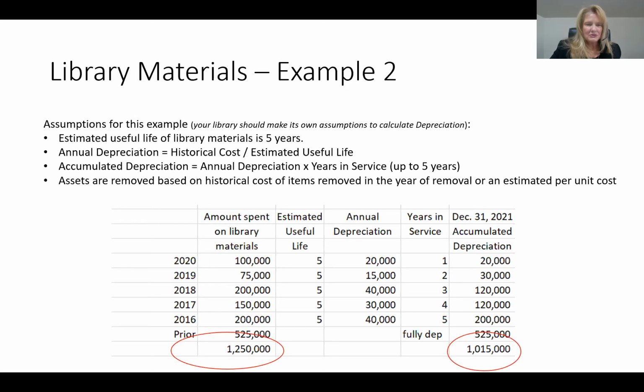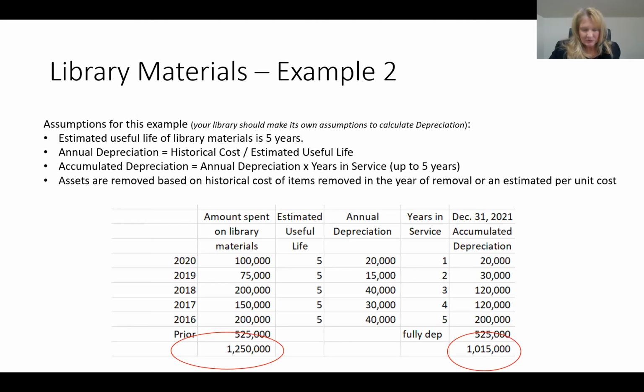I've got for 2020 $100,000 divided by my estimated useful life of 5 to arrive at my annual amount of 20,000. Okay, and then that is going to come down to an annual depreciation amount. And then I multiply that by the years of service to get my accumulated depreciation.